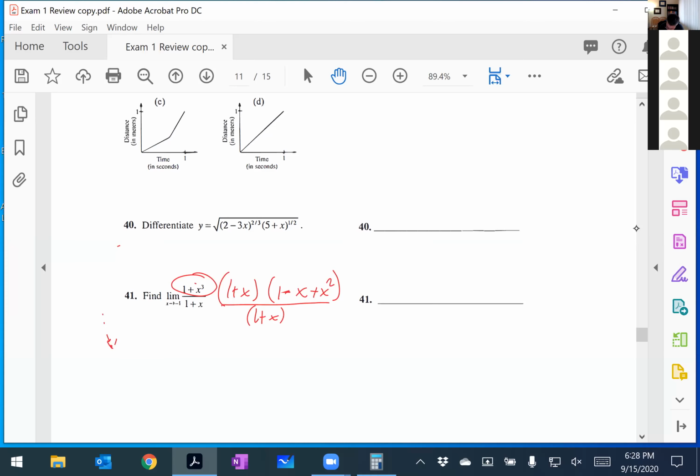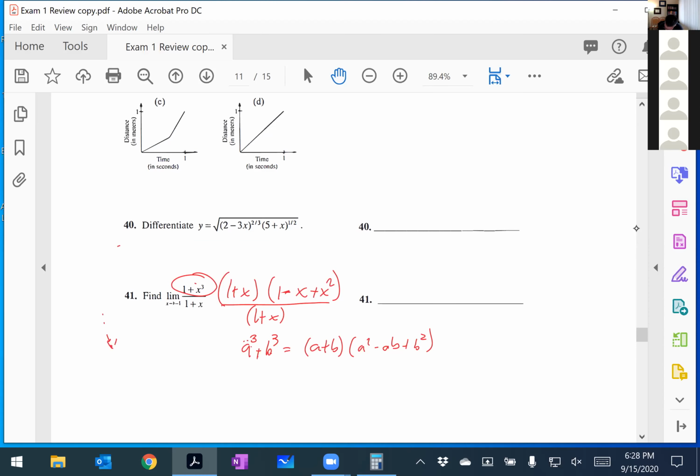This is called the sum of two cubes. It's like 1 cubed plus x cubed, and the pattern is: a cubed plus b cubed is a plus b, times a squared minus ab plus b squared. That's the formula for that.